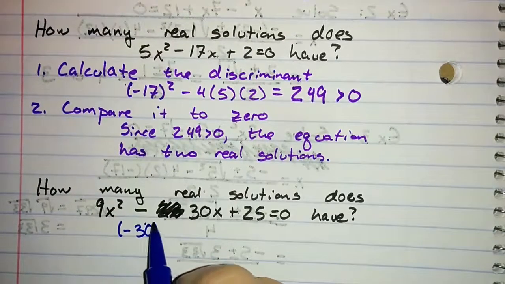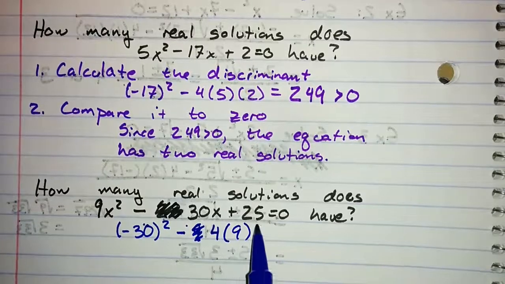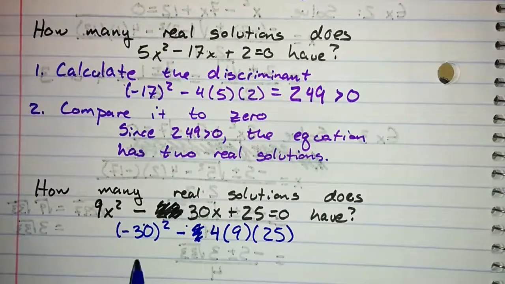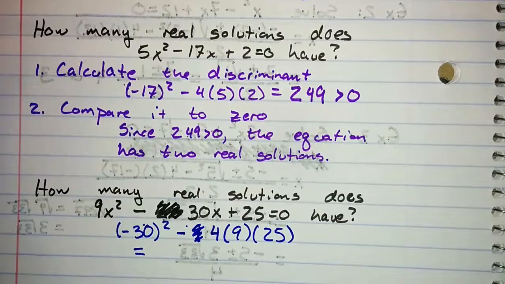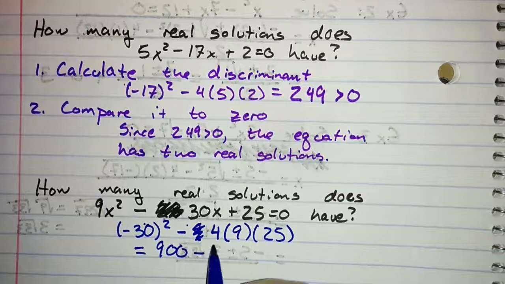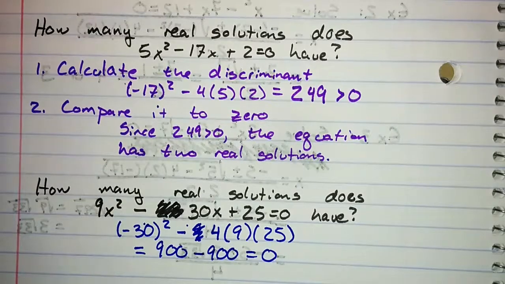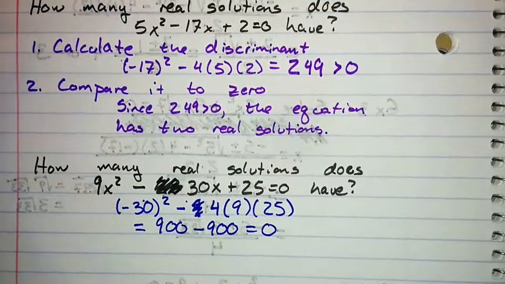Negative 30 squared minus 4 times 9 times 25. That'll be 900 minus 900 is 0. The discriminant is 0. That means we have one real solution.